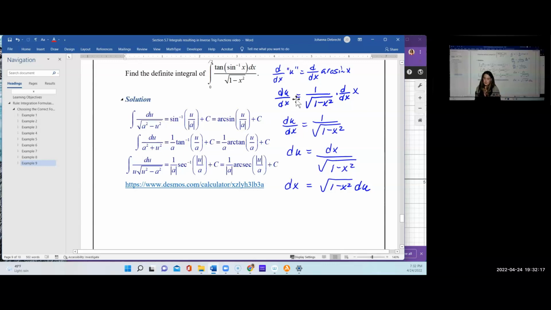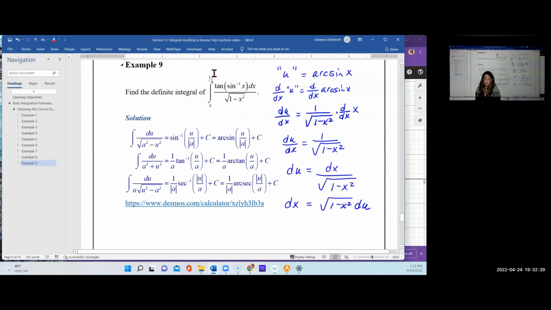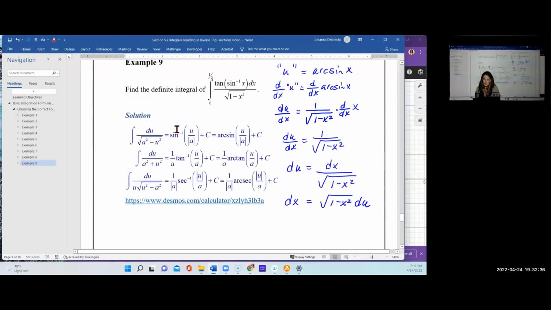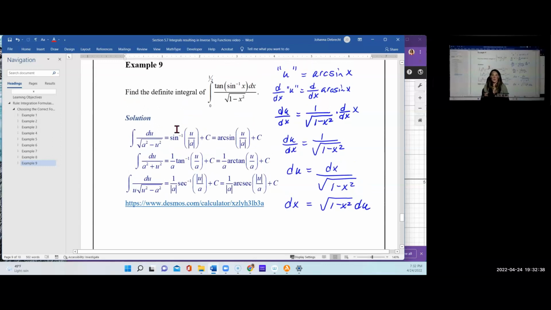Now we have something to substitute for this arcsine of x, and we can represent dx with this radical times du. We also have limits of integration from 0 to 1/2. We're going to need to change these.